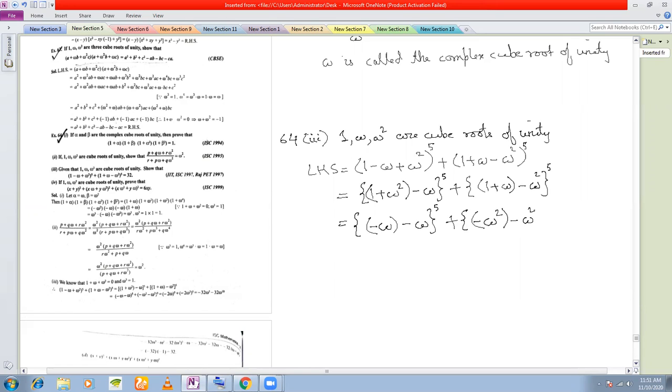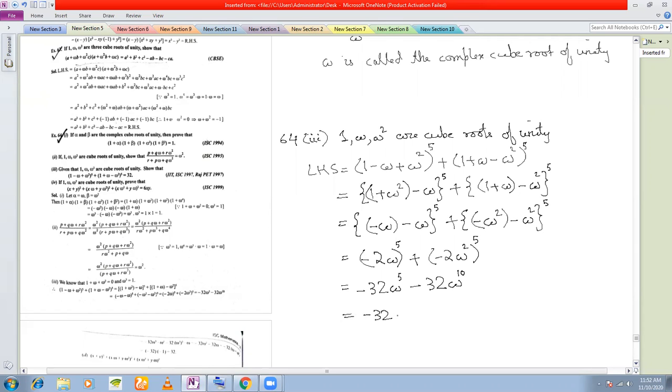Minus omega square minus omega square to the power of 5. So you get minus 2 omega to the power of 5 plus minus 2 omega square to the power of 5. So this is minus 32 omega to the power of 5 minus 32 omega to the power of 10.